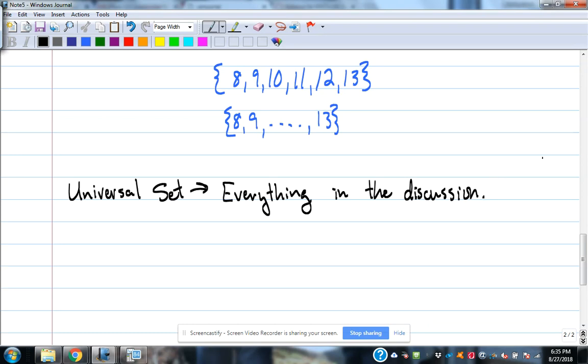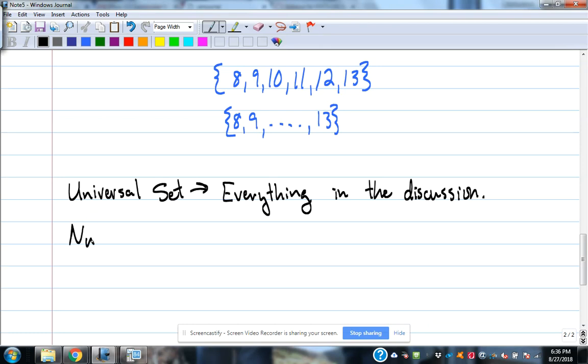A universal set usually is like, if you've got a problem and they give you 4 or 5 sets, they'll say, hey, for this problem, this one is the universal set. And then you'll know, okay, I'm building everything off of that. The universal set is the big picture.